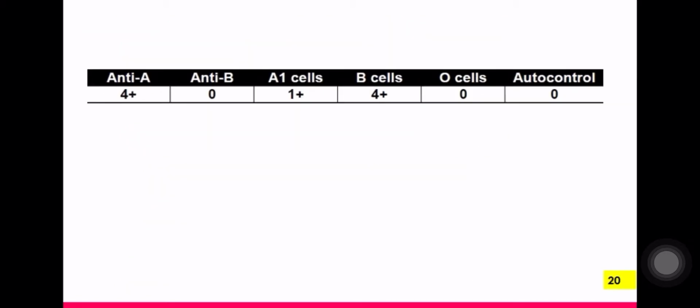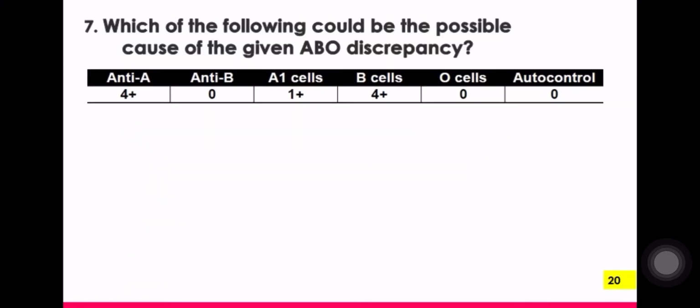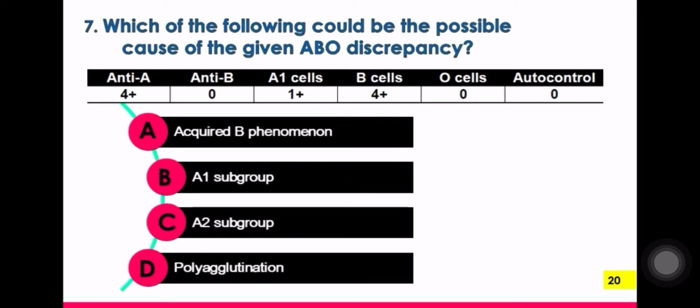Number 7, which of the following could be the possible cause of the ABO discrepancy? A. Acquired B phenomenon, B. A1 subgroup, C. A2 subgroup, or D. Polyagglutination.